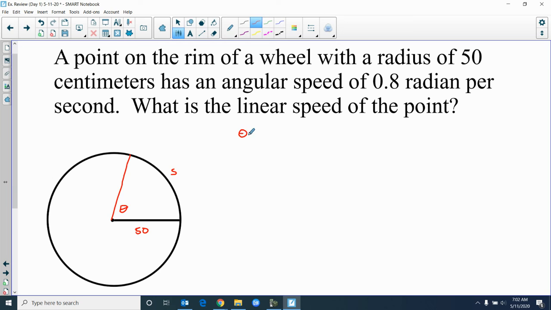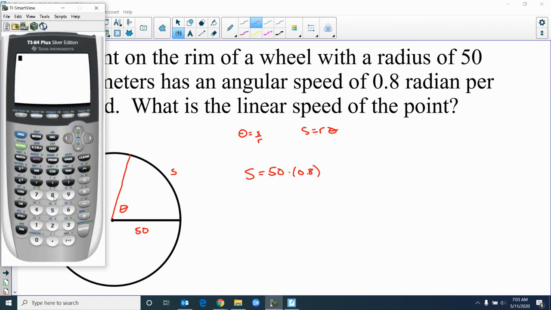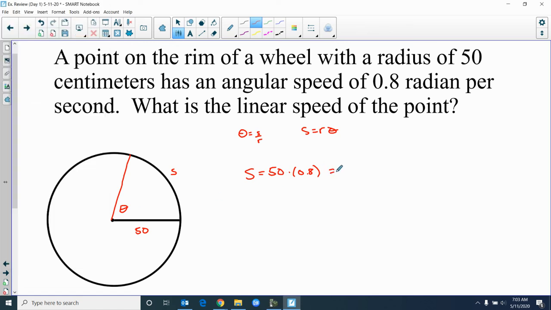Well, we know theta equals S over R, so that means S equals R times theta. So I need to know that arc length. If it's in radians, we're good, which is 50, my radius, times the angle, which we know is 0.8. So 50 times 0.8 gives me 40.